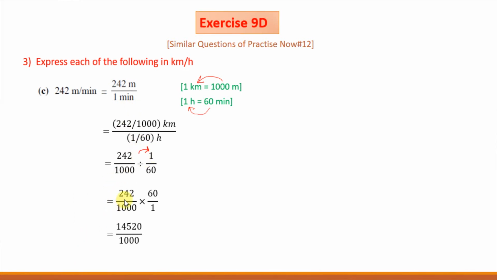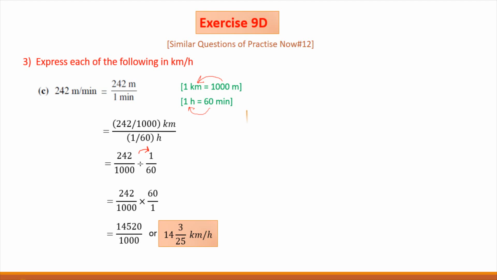We will multiply 242 into 60 and 1000 into 1. We will get 14,520 divided by 1000, and when we will do the calculation, our answer will be 14 whole 3 by 25 kilometer per hour. So that is the answer of part C.